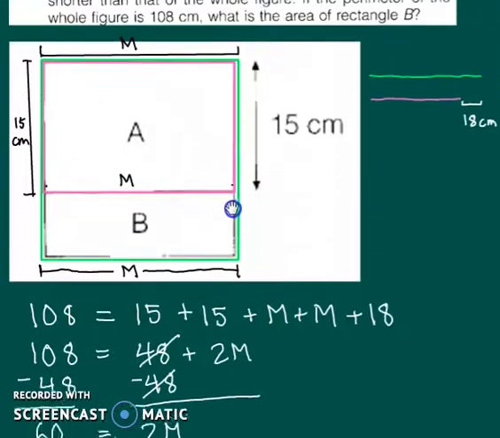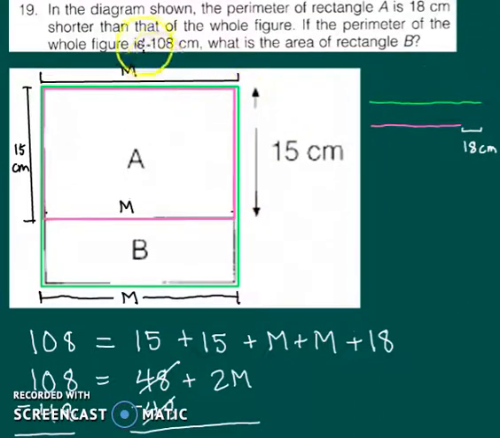So now I can go back and add that into my dimensions. Here, M is equal to 30, M is equal to 30, M is equal to 30. I hope you can see that. Okay, so what do I have now and what do I need? I have all the dimensions of rectangle A. But do I have all the dimensions of rectangle B? Not quite.